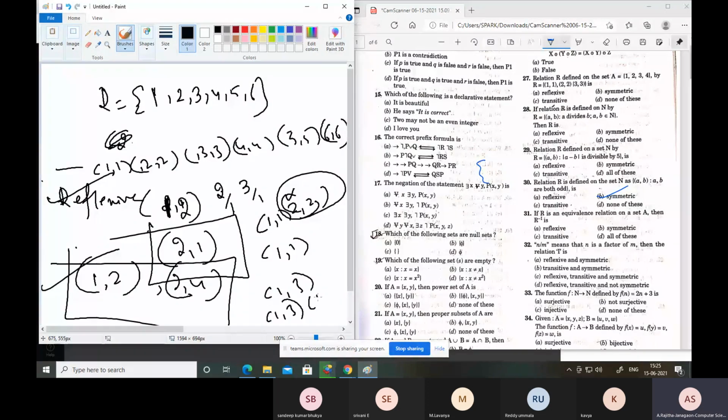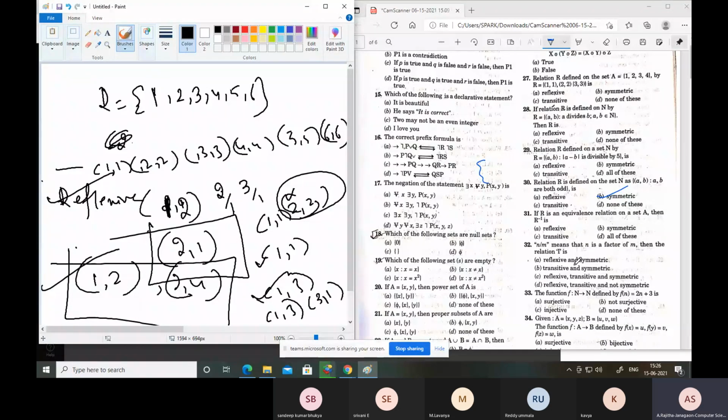So it satisfies the symmetric property. So this is R, an equivalence relation, meaning reflexive, symmetric, and transitive. So automatically R inverse also satisfies all these properties: reflexive, symmetric, and transitive.